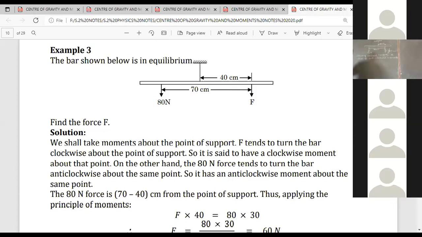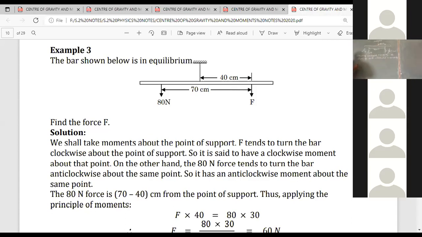80 is the anticlockwise moment. Those are the only forces we have that cause a clockwise turn and an anticlockwise turn. Then we need to identify the distances, the perpendicular distance from the line of action of the force to the turning point.